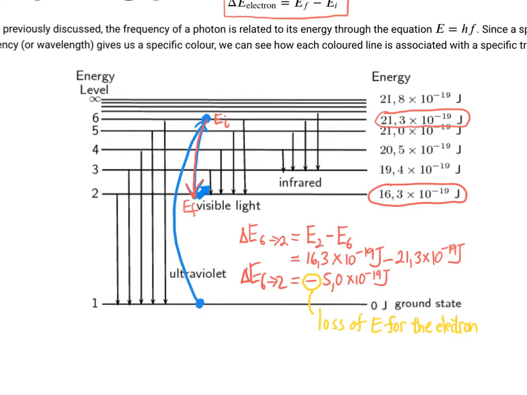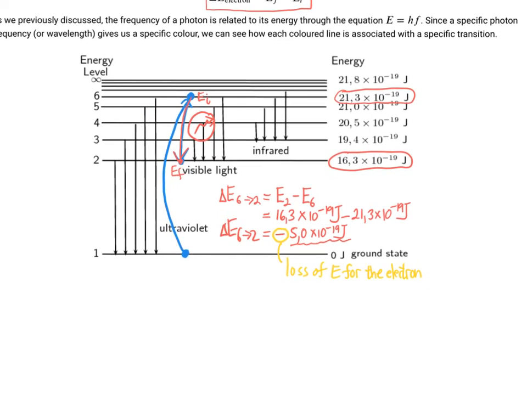This drop of energy results in a photon of a particular energy equal to this energy, 5,0 times 10 to the minus 19 joules. So the electron loses energy, but that loss of energy by the electron is now converted into the energy of a photon. And so this is how photons of light are actually created.